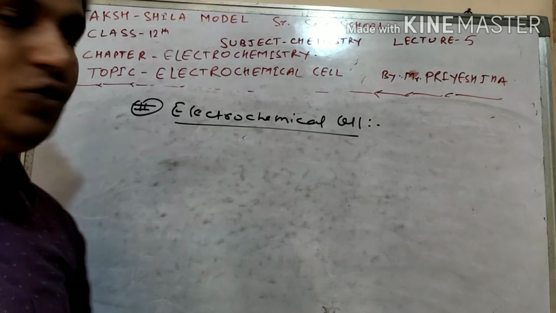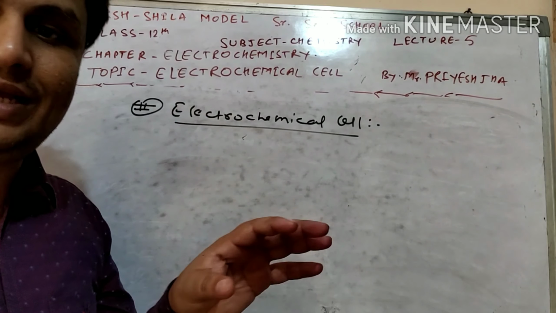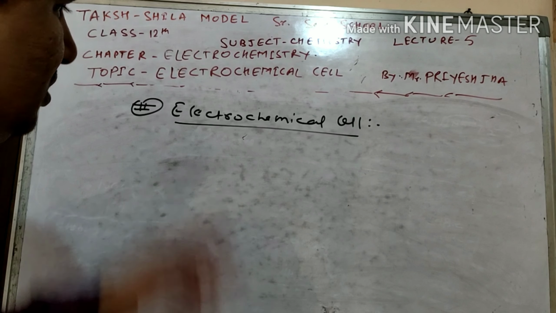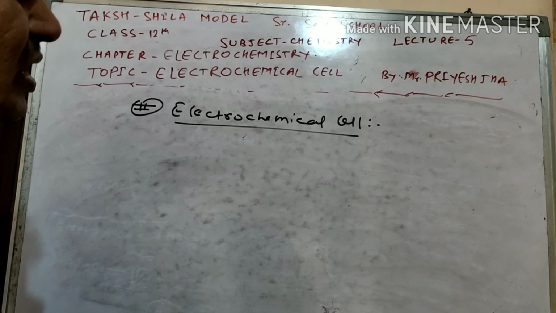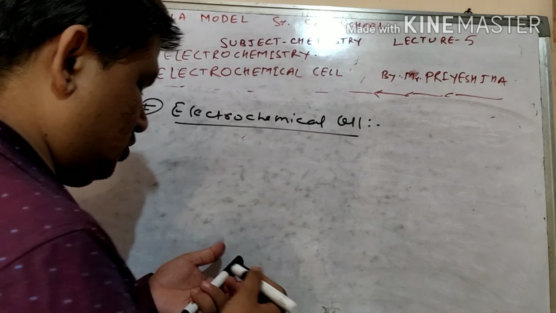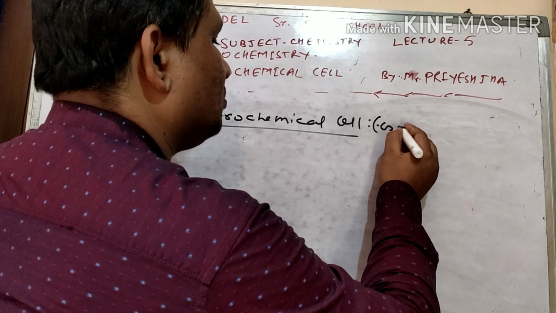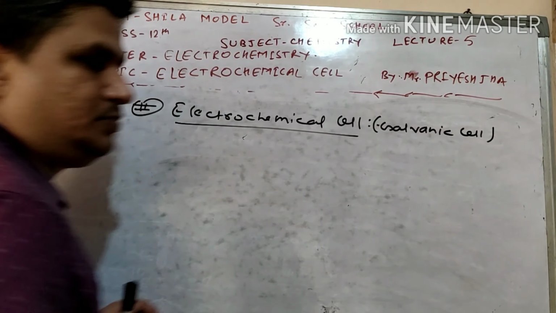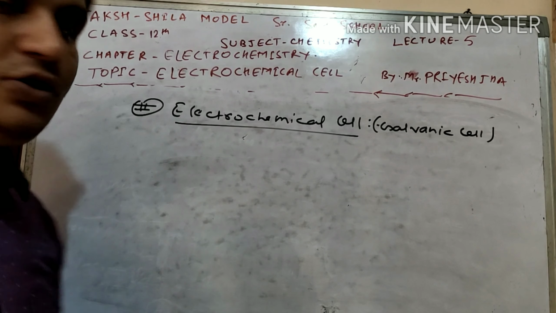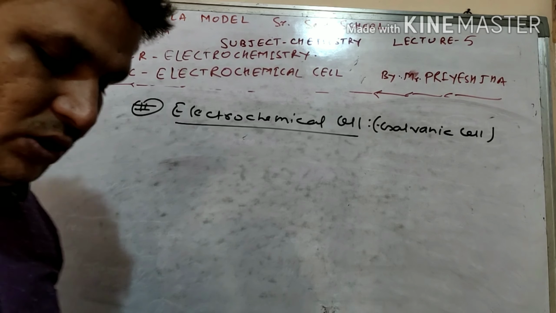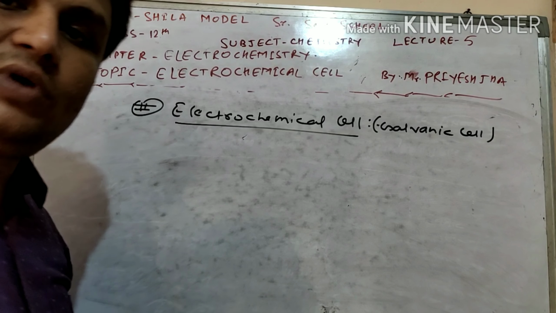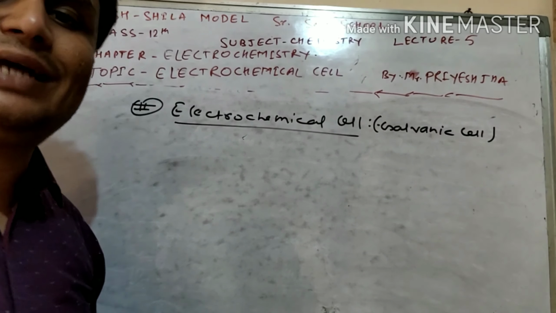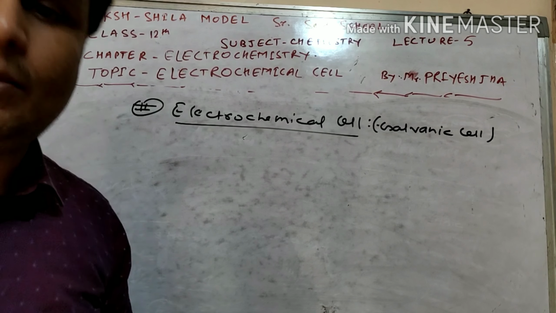But an electrochemical cell is a cell or device which converts chemical energy into electrical energy, and it is also known as a galvanic cell. So electrochemical cells are devices which convert chemical energy produced in a redox reaction into electrical energy.